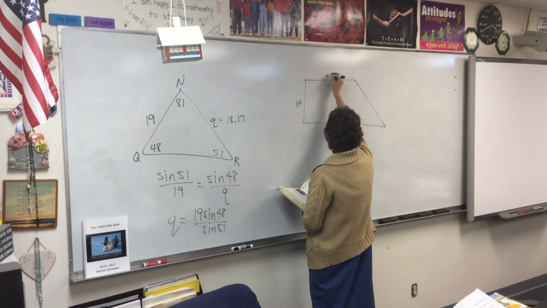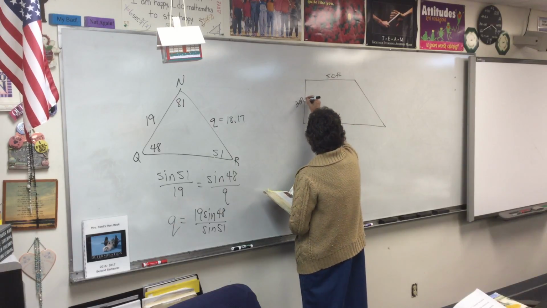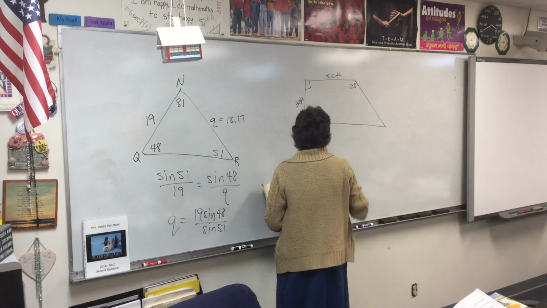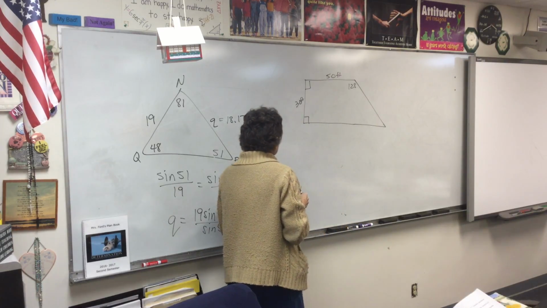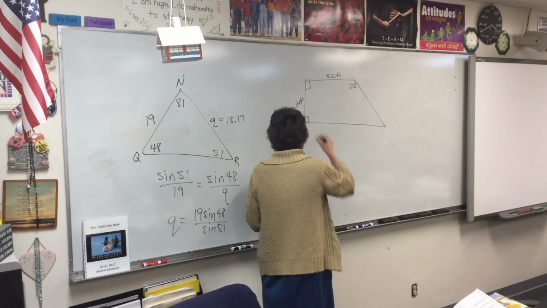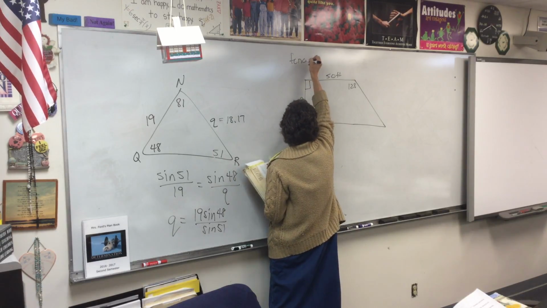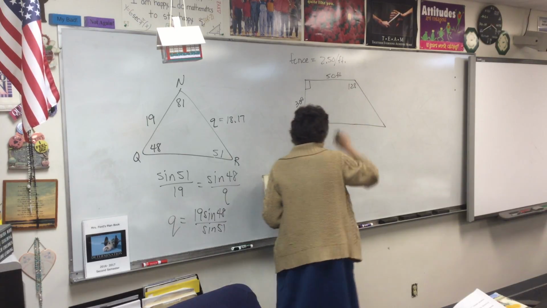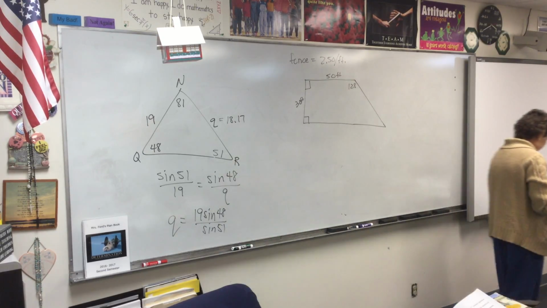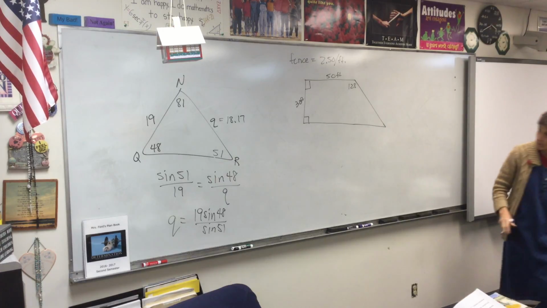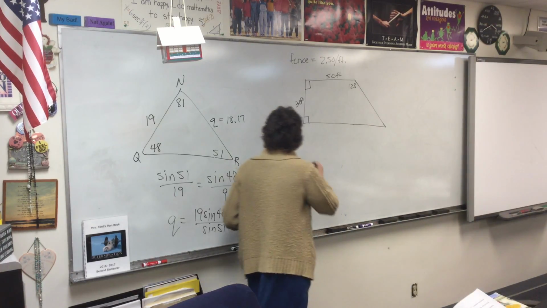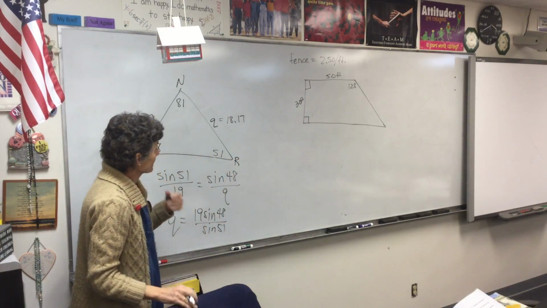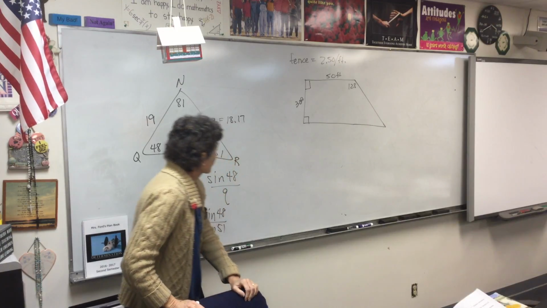The question is, all right, so there's the figure, and then it says fencing is $250 a foot. Find the cost to fence that area. Okay, so it says fencing is $250 a foot. Find the cost to fence in that area.